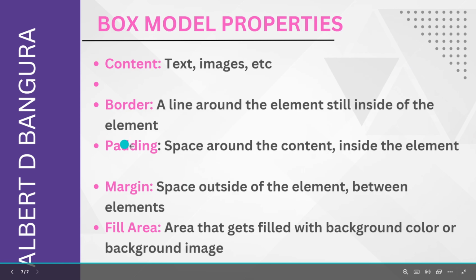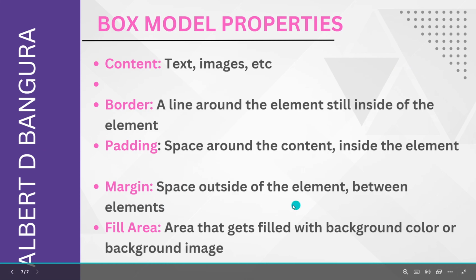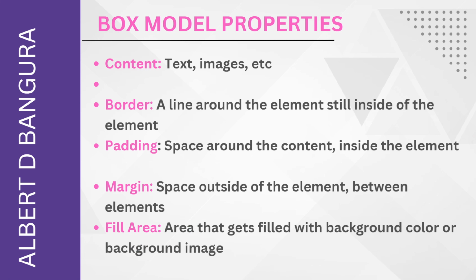So then, after the padding, you have the margin. The margin is the space outside of the element. So it's basically, for instance, if you have a list of elements, like we had in our last tutorial, or let's say you have any list, the space between one list item and another is basically called the margin.